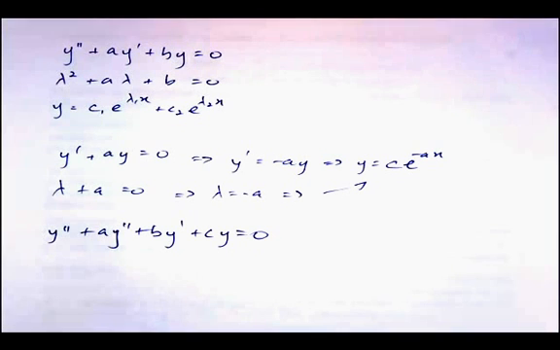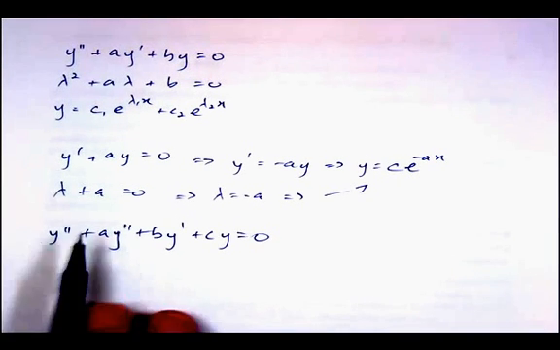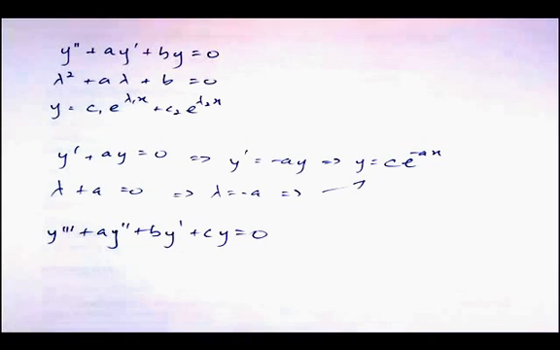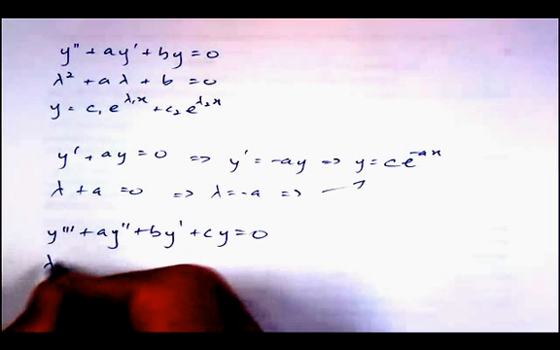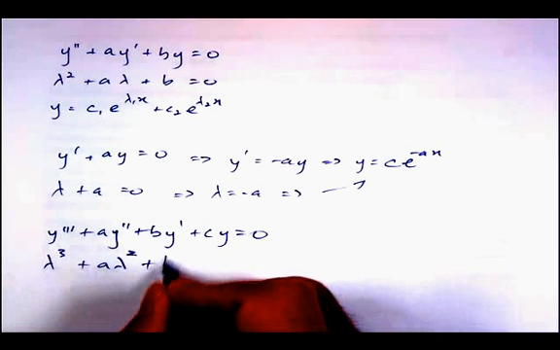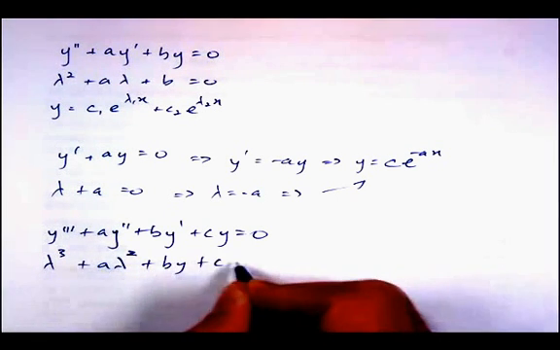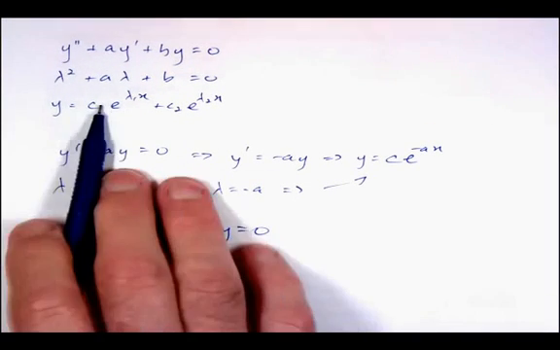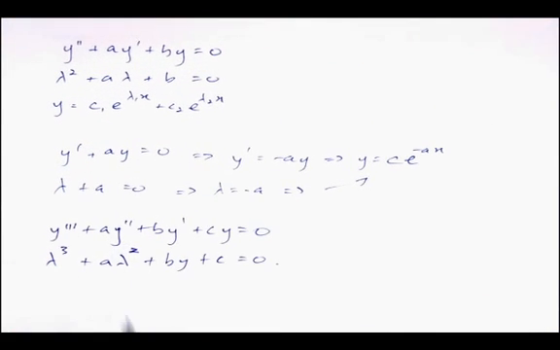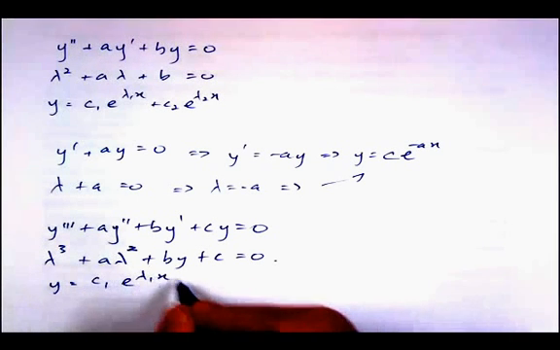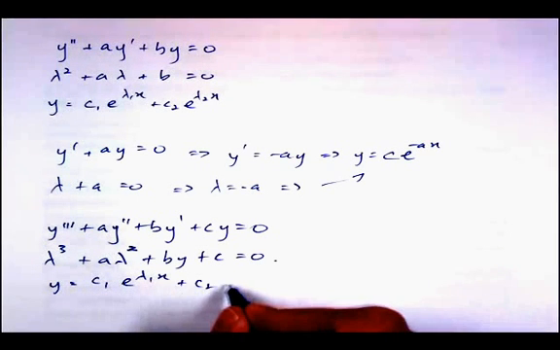And how many arbitrary constants would you expect in a third order differential equation? 3. And how many answers do you generally get out of a cubic equation? 3. So it all works. Okay? You get 3 answers out of that, and you're going to have a C1, a C2, and a C3 as the general form of the solution.